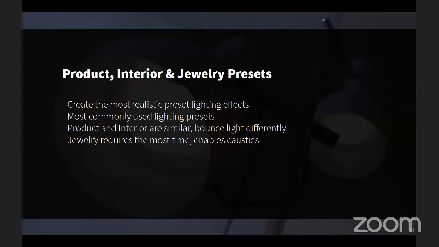With product, your lighting tends to be more directional. It's focused at the subject or object that you're lighting. Using this setting tends to create a brighter scene with less contrast, while using interior mode will increase contrast and bounce light around the environment, creating a more realistic effect in regard to how light moves through an environment.